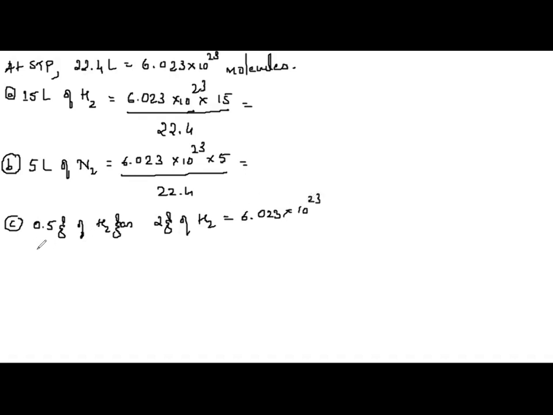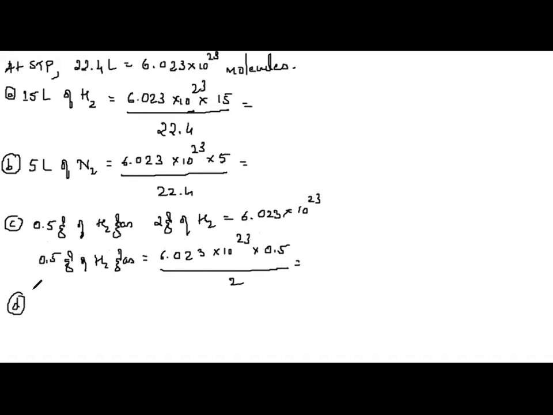So 0.5 grams of H2 gas is equal to 6.023 into 10 raised to 23 into 0.5, the whole divided by 2, because 2 grams.